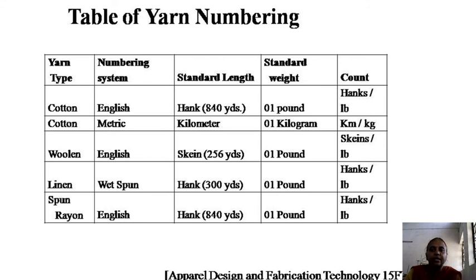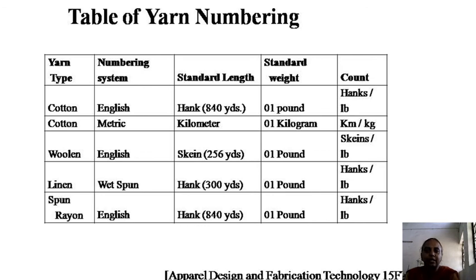For woolen English count: skein 256 yards, standard weight 1 pound, skein divided by 1 pound. Linen, the weight spun numbering system: hank 300 yards, 1 pound, hanks per pound. The spun rayon English: hanks 840 yards, 1 pound, hanks divided by 1 pound.